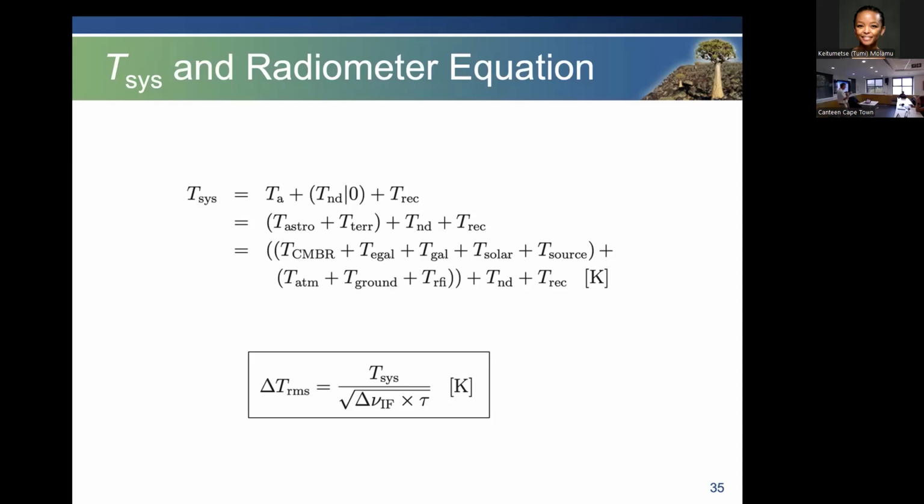And that RMS variation is equal to the system temperature divided by the square root of the bandwidth of the signal times the integration time. So remember, in order to get your T-sys, you went through the square law detector. In the analog case, it had a capacitor and a resistor, and that resistor and capacitor effectively averaged the signal.